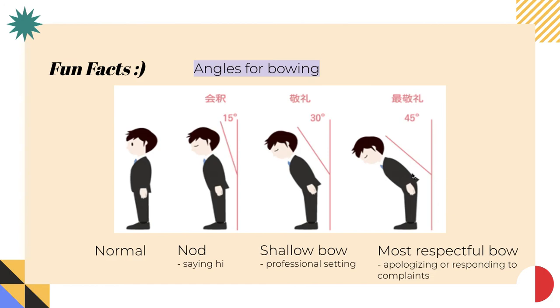So if you see someone arguing or getting into a fight at a shopping mall or station or public setting, you might see this angle a lot. And if you see this, that means they have some tea happening. So yeah, this is the fun fact that we learned today, which was about angles for bowing.